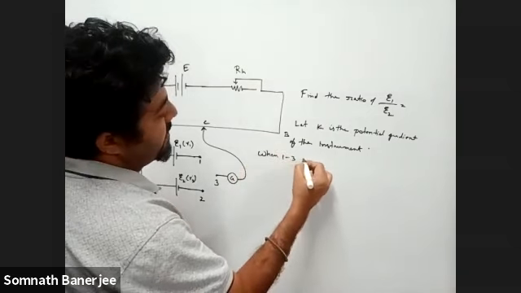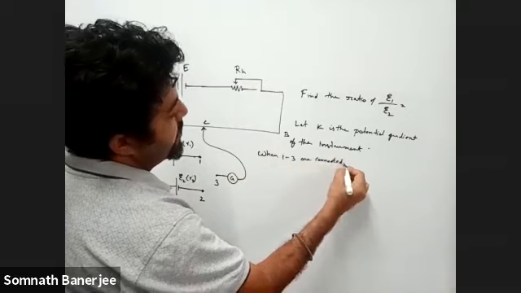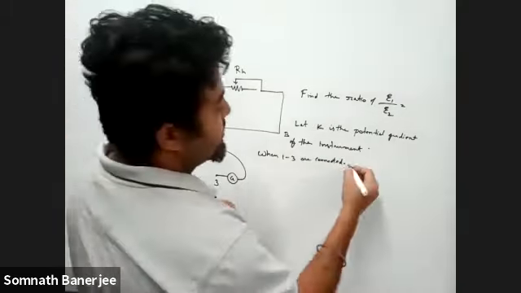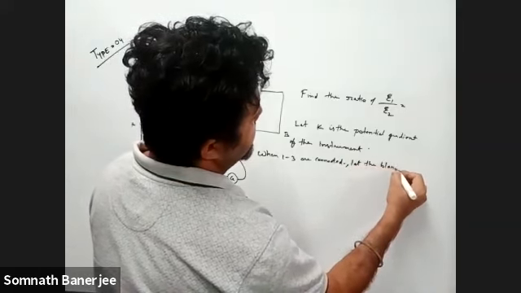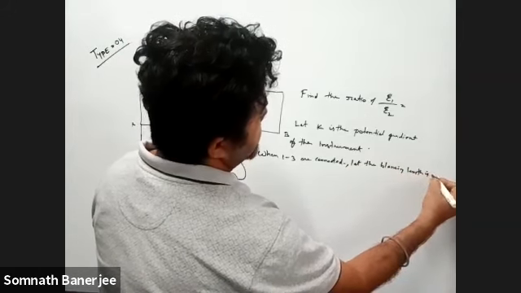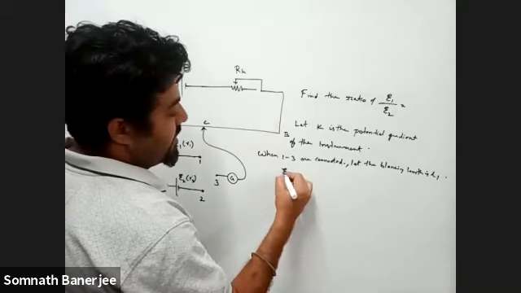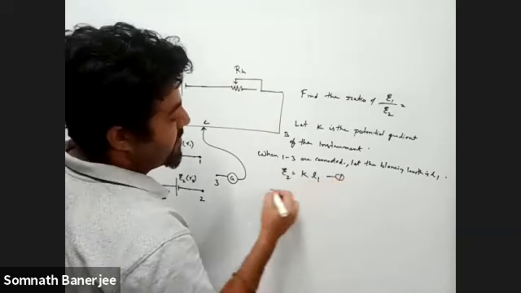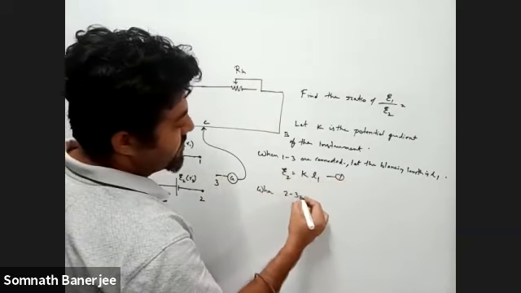When 1 and 3 are connected, ठीक है, let the balancing length be L1. So EMF of the secondary cell is potential gradient into length L1.